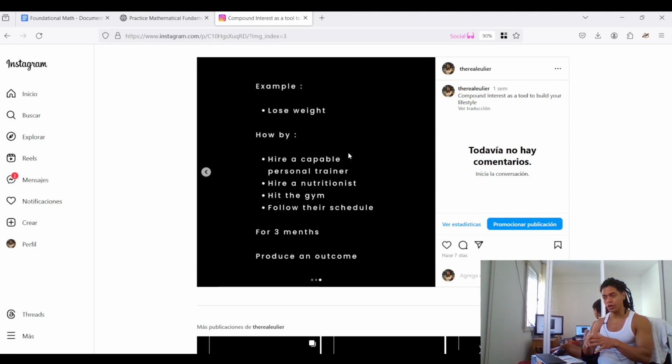So, for example, if you want to lose weight, that's great, that's powerful. What you can do is say, for the next 3 months, I'm going to hire a personal trainer, hire nutrition, and hit the gym. I'm going to stick to their schedule, and I would like to see the outcomes.